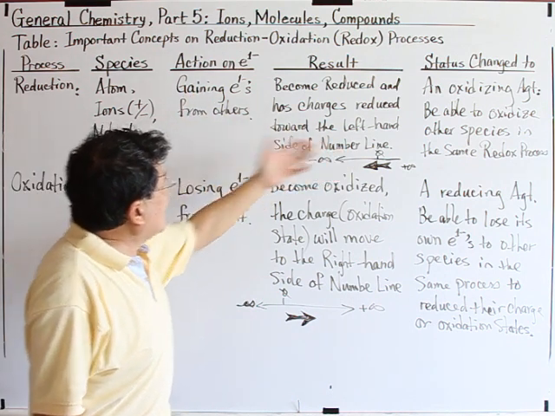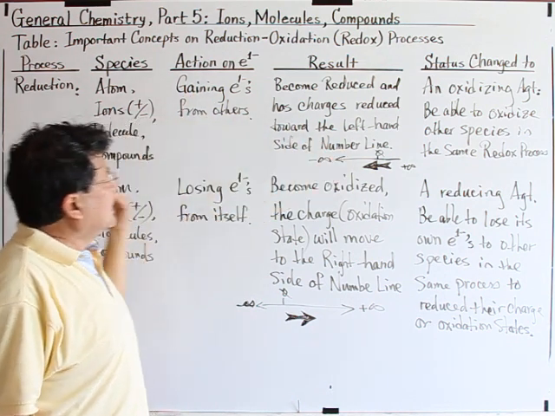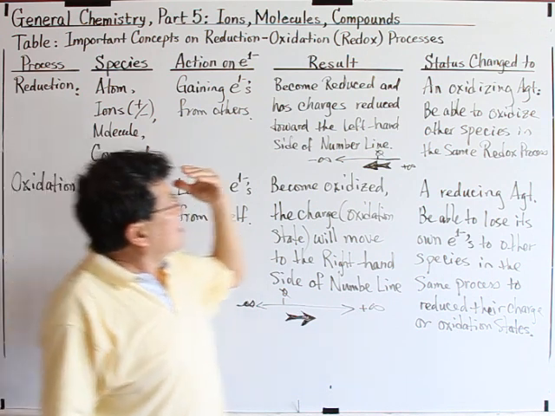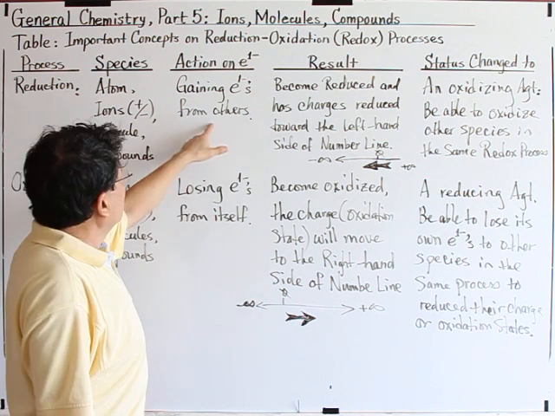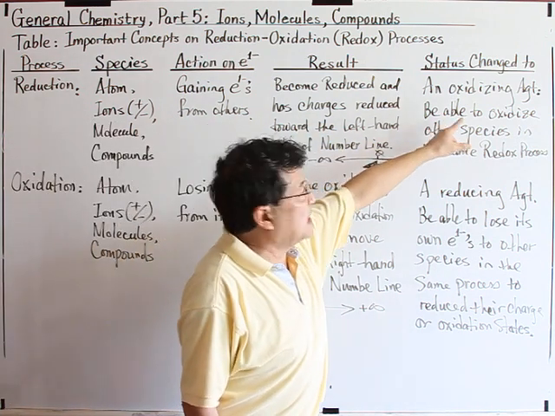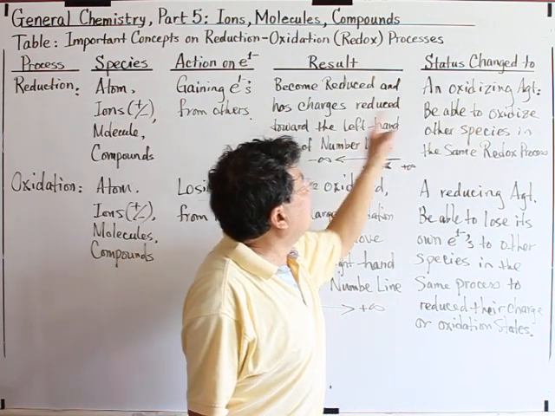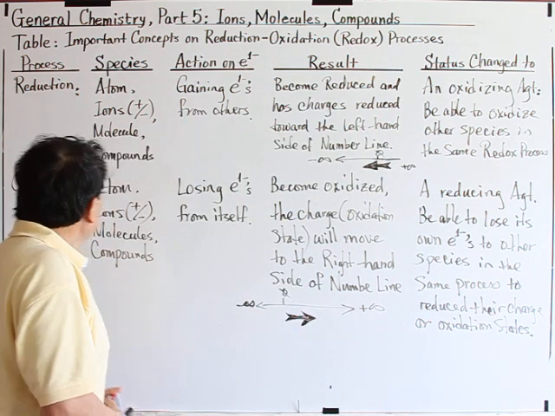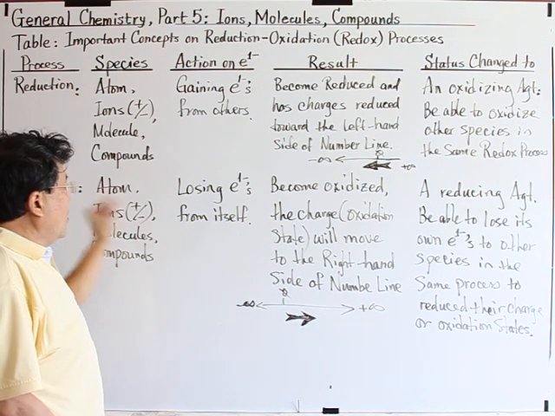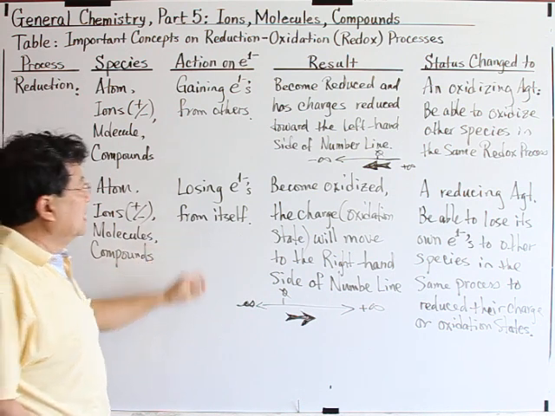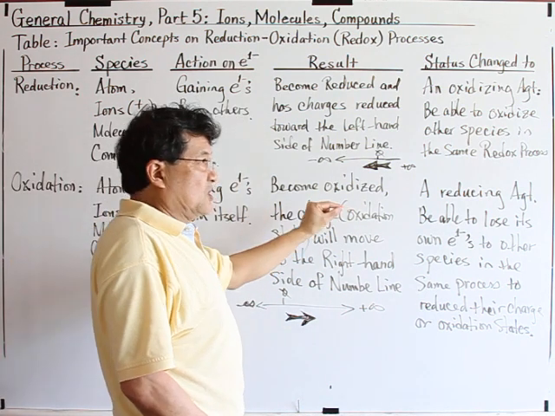The charge or oxidation state will go towards the left-hand side of the number line, and it gains electrons from others, so the others will be oxidized. So it becomes an oxidizing agent. To the contrary, the oxidation process is atoms or ions losing their own electrons from themselves, and they become oxidized.